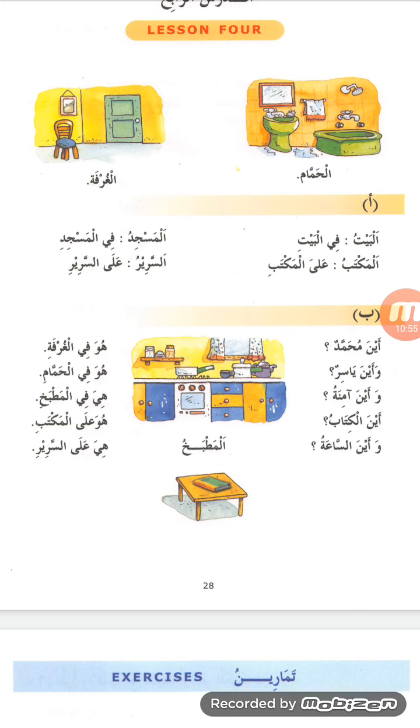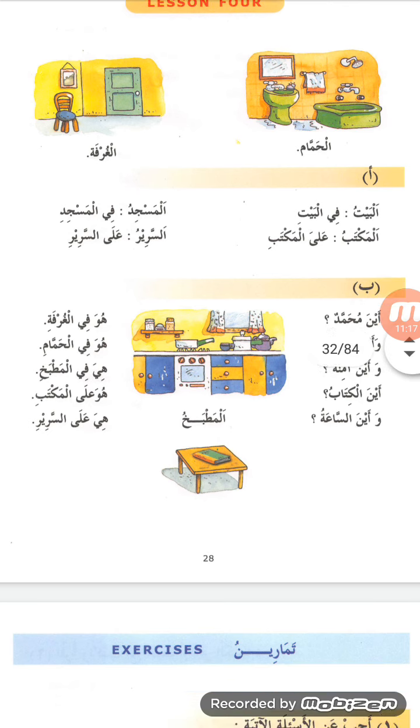Okay. So the pronoun comes in place of the noun. If what is being spoken about, the noun, is singular masculine, the pronoun will be singular masculine, according to the noun.